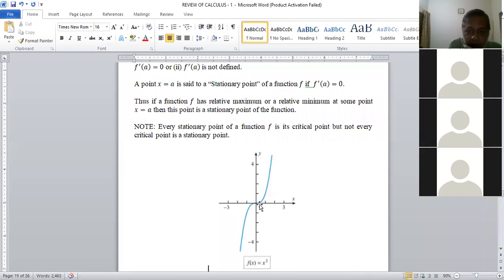Now this point where derivative is 0 is a critical point, but this is another possibility. It is neither maximum nor minimum. So derivative 0 critical point है, लेकिन critical point होने के बावजूद ये point ना maximum है ना minimum है.